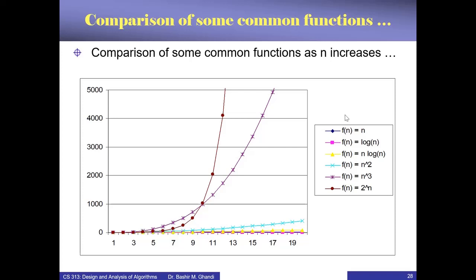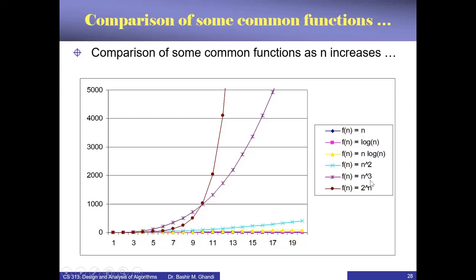So in terms of algorithms, if your algorithm happens to have a running time of exponential, then you are in trouble. It is very, very slow because these values are the cost of running the function. So the cost obviously is much more in exponential compared to other polynomials.